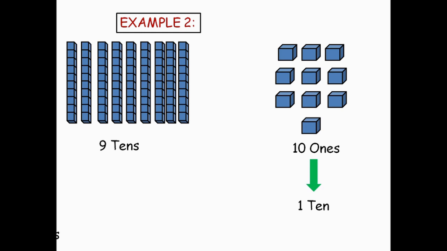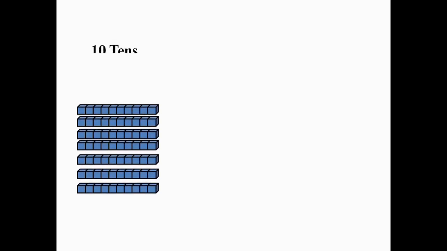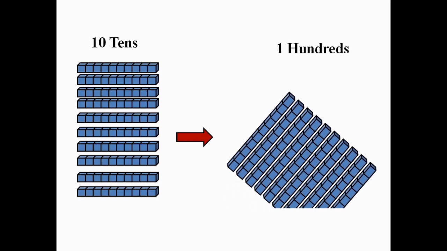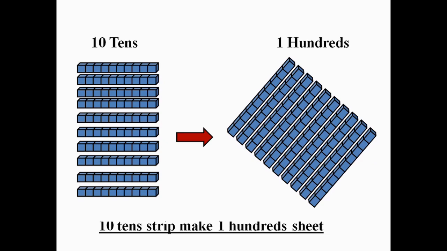So now we can say 9 tens and 1 tens is equal to 10 tens. Now this 10 tens is equal to 100. So we can say that 10 tens strips make 100 sheet.